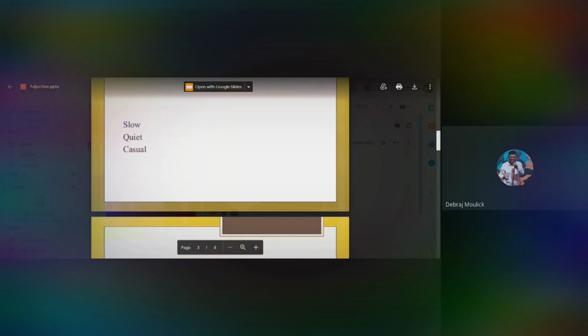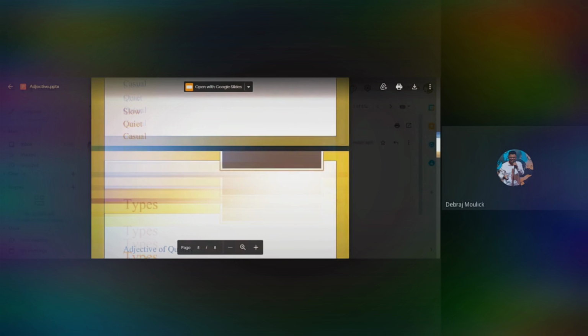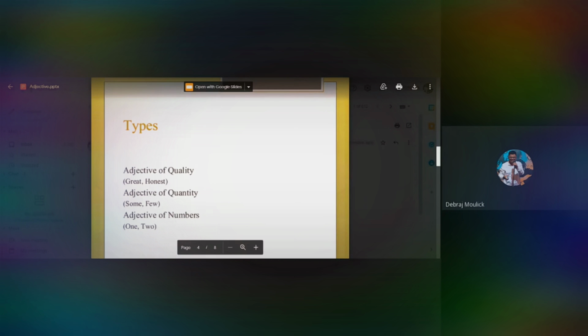Now we have the types. If you look closely, there are many types. For example, there is demonstrative adjective, proper adjectives, numeral adjectives, and many more. For the sake of the course and also according to the syllabus, we'll be focusing on these three types: the qualitative adjective or the adjective of quality, the quantitative adjective or the adjective of quantity, and the adjective of numbers.